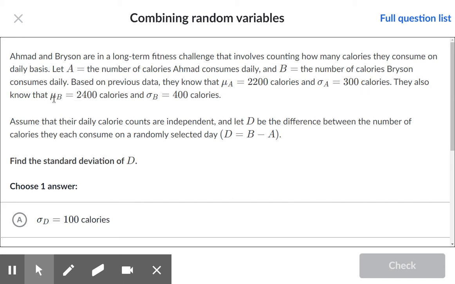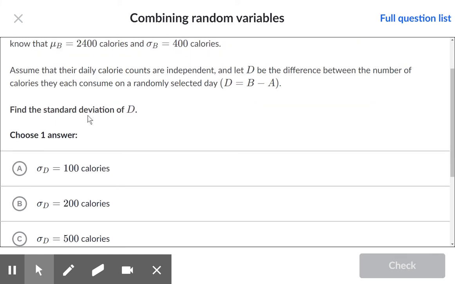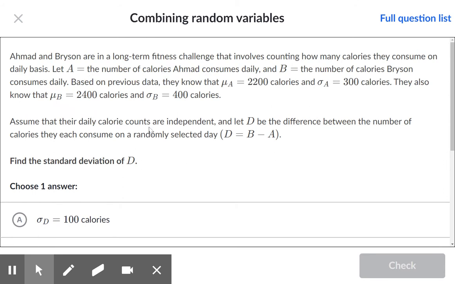The mean for Bryson is 2,400 calories and the standard deviation is 400. Assume that the daily calorie counts are independent, and let D be the difference between the number of calories each consumes on a regularly selected day.